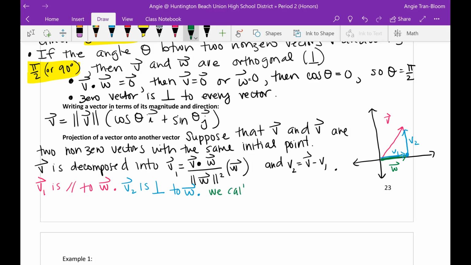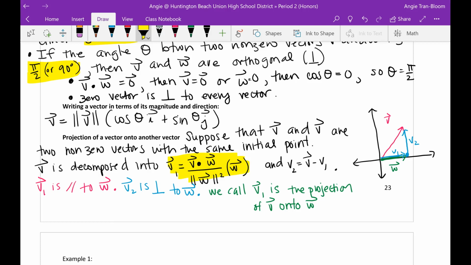We call vector V1 the projection of vector V onto vector W. So V1 is really important.